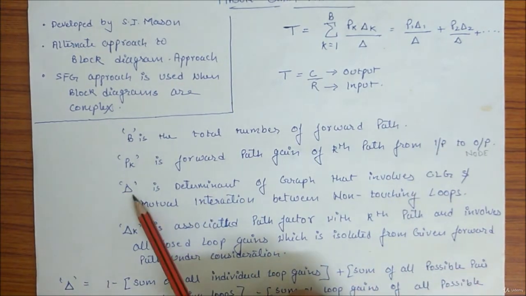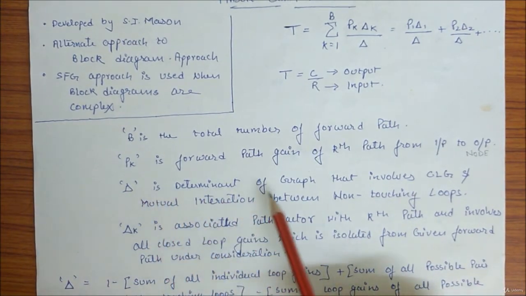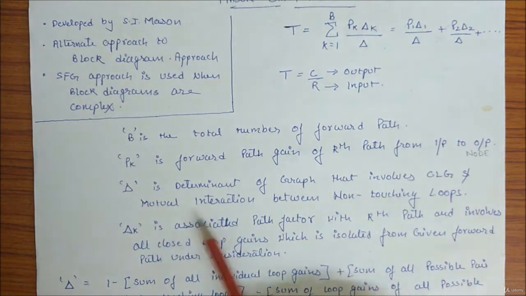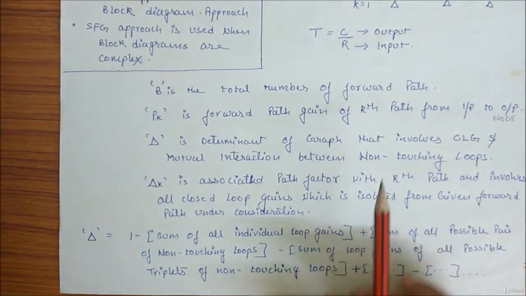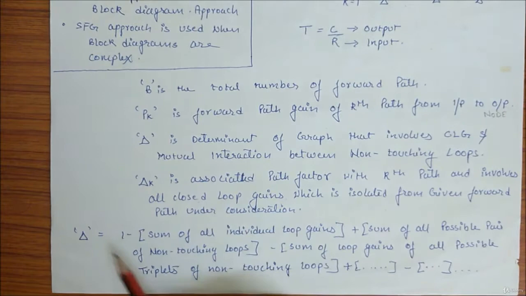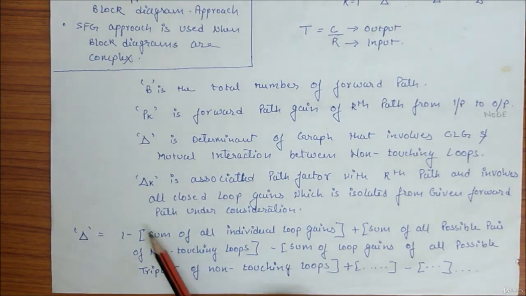Now how can you calculate delta? This is also given by Mason. Delta equals 1 minus the sum of all individual loop gains, plus the sum of all possible pairs of non-touching loops, minus the sum of loop gains of all possible triplets of non-touching loops, plus and so on.